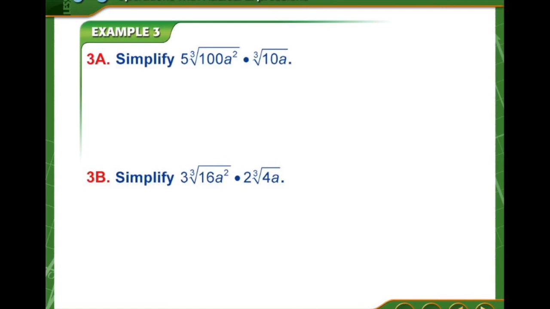We have some that are multiplied together outside of a radical, but we do have radicals involved. So what we can do here, since we do have both cube roots, is multiply the stuff inside together. So we have this 5 outside of a cube root. 100 times 10 is 1,000. a squared times a is a cubed.